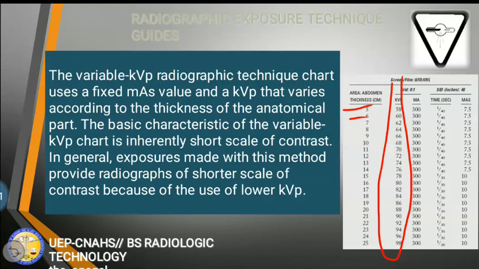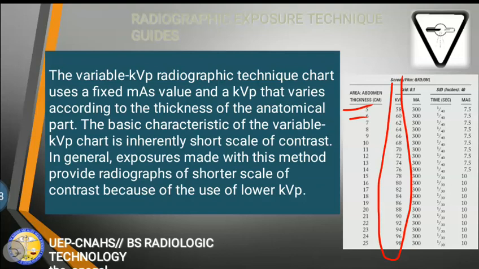So, the variable KVP radiographic technique chart uses a fixed MAS value and a KVP that varies according to the thickness of the anatomical part. The basic characteristic of variable KVP chart is inherently short scale of contrast. In general, exposures made with this method provide radiographs of shorter scale of contrast because of the use of lower KVP.